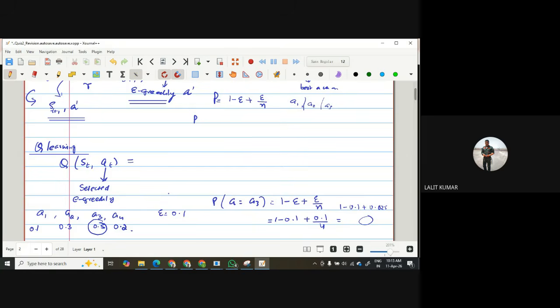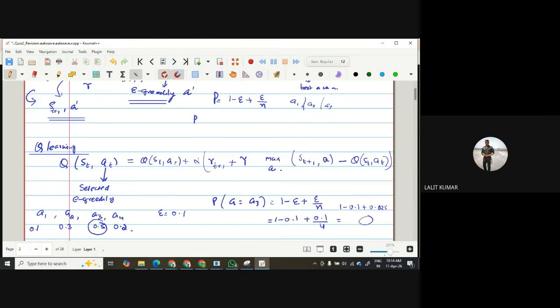And when I go to the next step, Q(S_t, A_t) plus alpha times R_{t+1} plus gamma, here for the next state where I am reaching, I select the best action there. So this is the difference in Q learning.